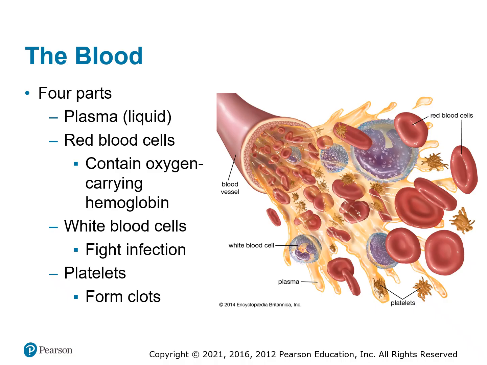White blood cells fight infection, and the platelets form clots. When the body sees that there is a cut in a vessel, the platelets will be activated, and they form like these little sticky legs.